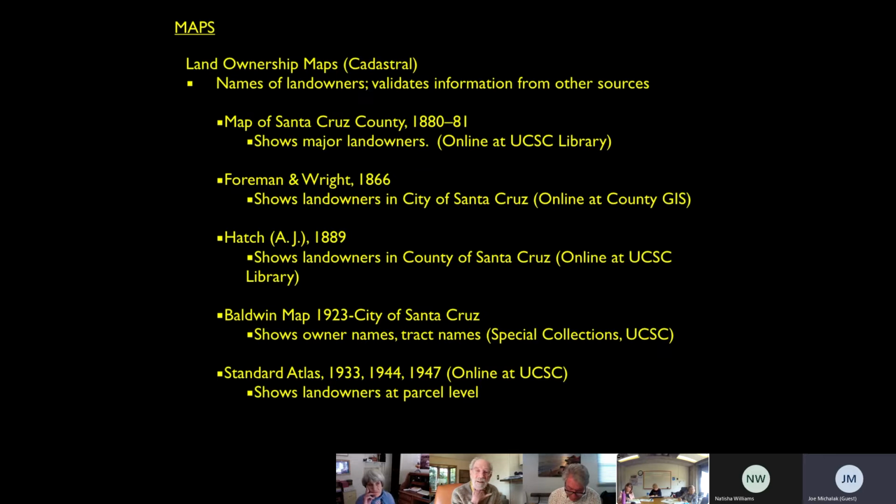Then there's the Baldwin map for the city of Santa Cruz in 1923. That's available in special collections at UCSC. You can make an appointment to go see it. And then there are the Standards atlases, 1933, 1944, and 1947, that cover the county and the city of Santa Cruz. They show landowners at the parcel level.